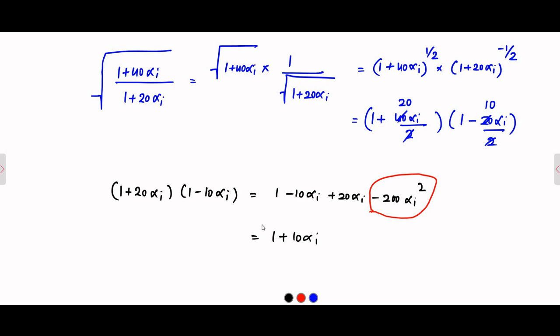So the ratio T40 by T20 is equal to this much.